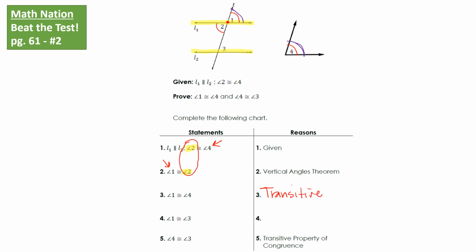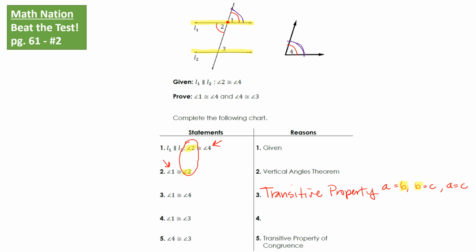transitive property. So if you go back to lesson 3, or I believe that's lesson 2 of topic 1, we talked about all of the properties of equality, right? So remember, the transitive property says that if A is equal to B and B is equal to C, then A is equal to C, because we have a common denominator between the two.